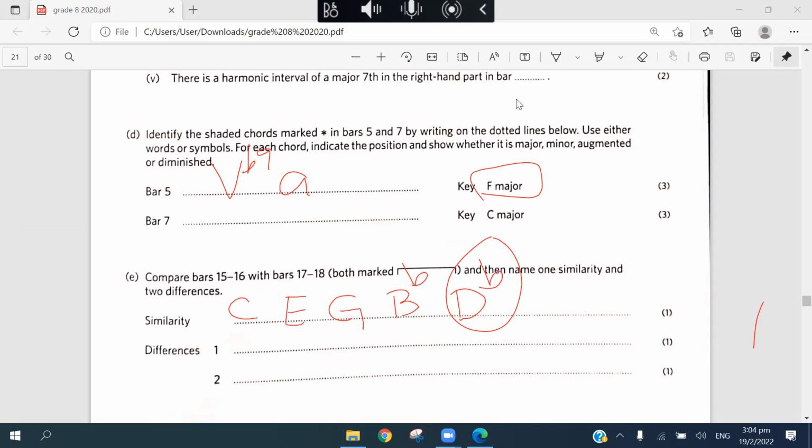Shouldn't have a D flat. So 13579. Yeah, it's a C at the bottom.